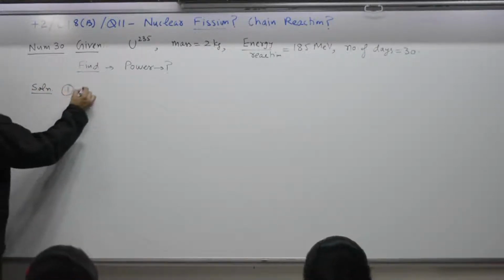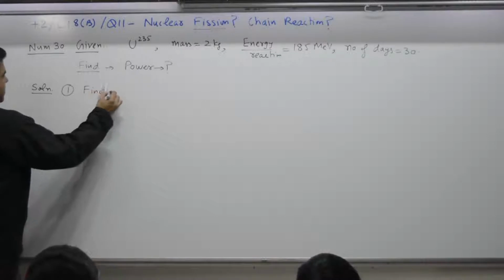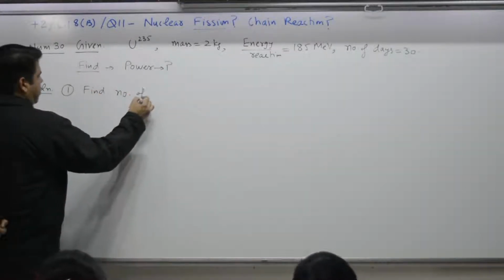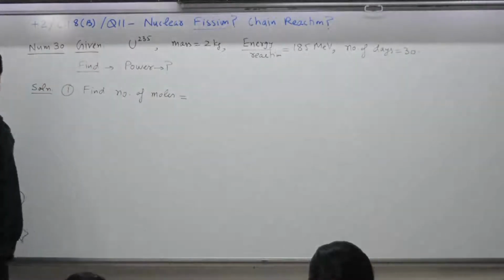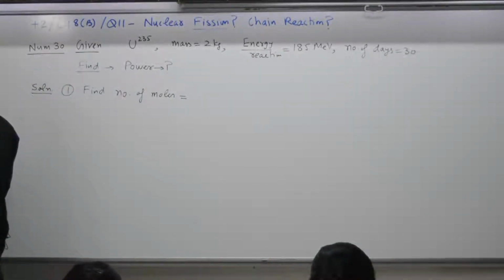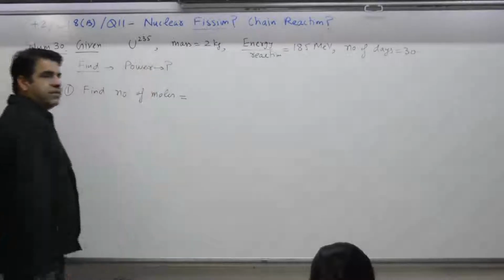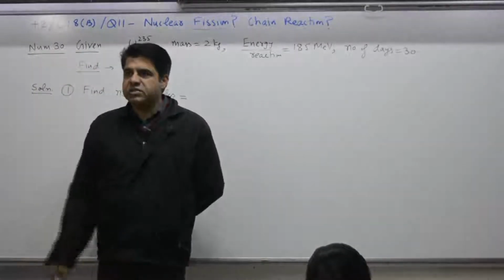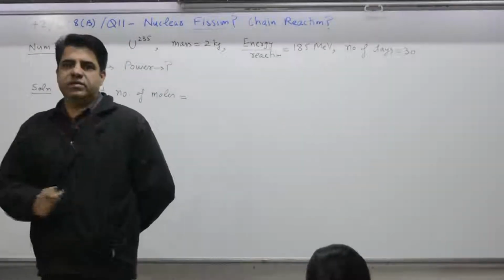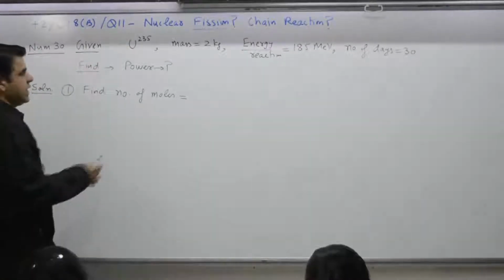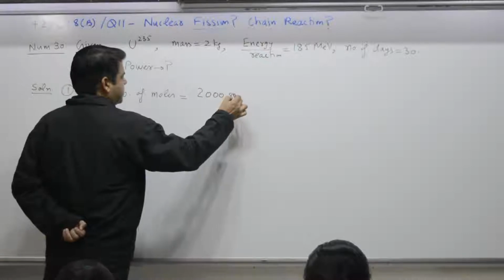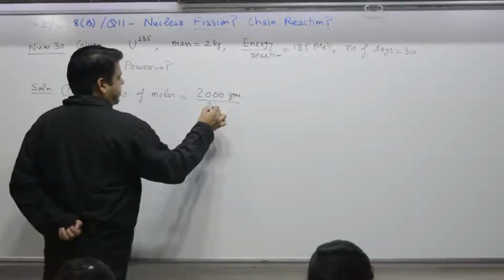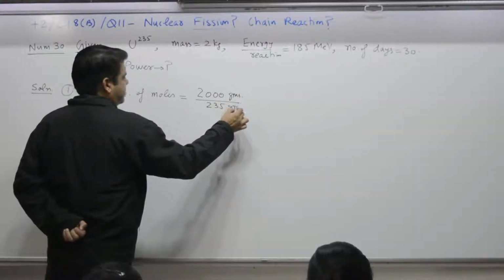Step 1, find the number of moles. Uranium 235, 235 grams gives you what? 1 mole. Mass is how much? 2 kg. Chemistry: 2000 grams divided by 235 grams.